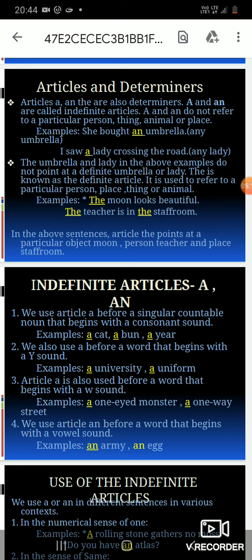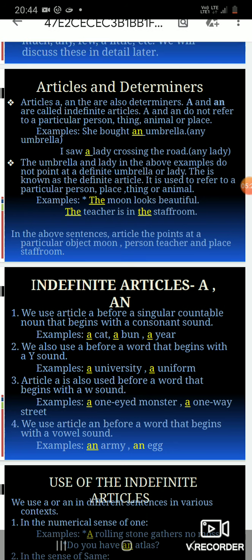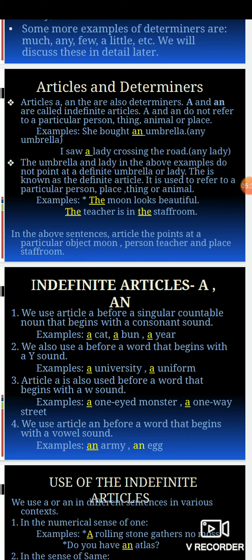The teacher is in the staff room. Means this particular teacher is in the staff room, this particular staff room. The staff room is only one staff room. It cannot be another staff room. Like if the staff rooms are divided into staff room 1, staff room 2, staff room 3, then the particular one will be written: the teacher is in staff room 1.